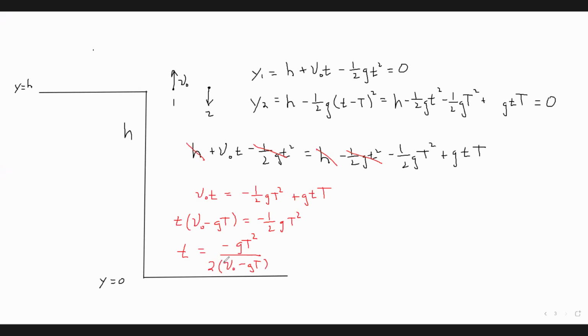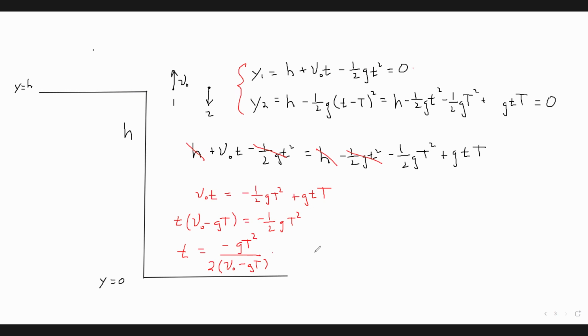So let's remember the 2. Okay, now we have 2 unknowns here. We had 2 equations initially with 2 unknowns. These 2 equations right here with 0 put in. I combined them for convenience in order to get rid of the minus 1/2 gt squared. But I've still got 2 equations in 2 unknowns, which is this equation and that equation.